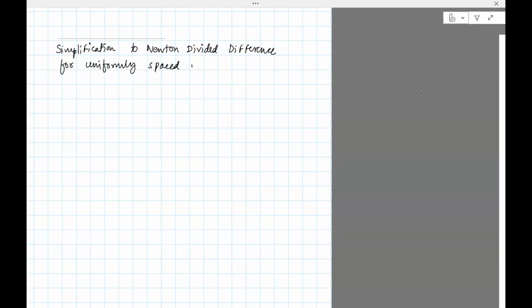Okay, so we're going to look at the simplification to Newton divided difference for uniformly spaced points.